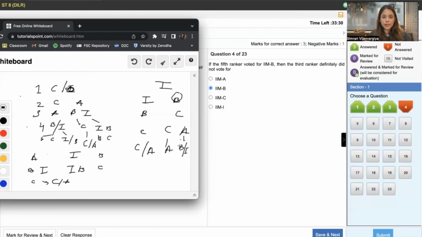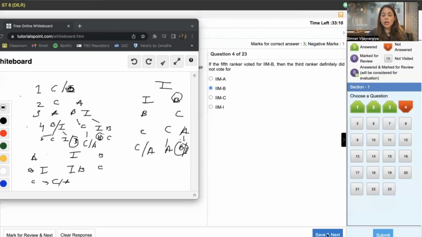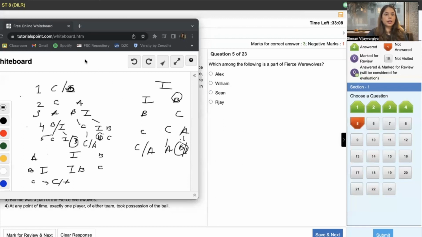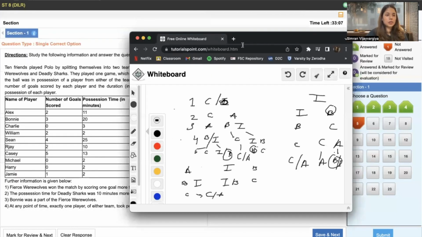So here we're considering this one, and this one. Here the third ranker has voted for A, and the third ranker has voted for I. So B is the answer, right? I'll just move on. Next question we have.